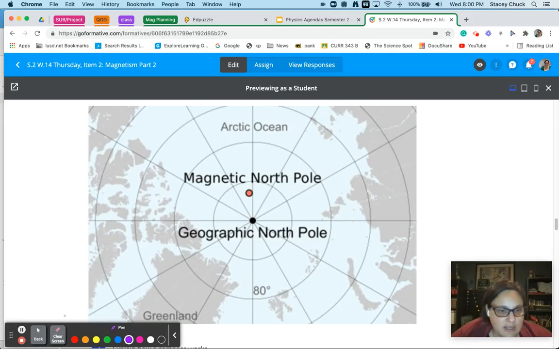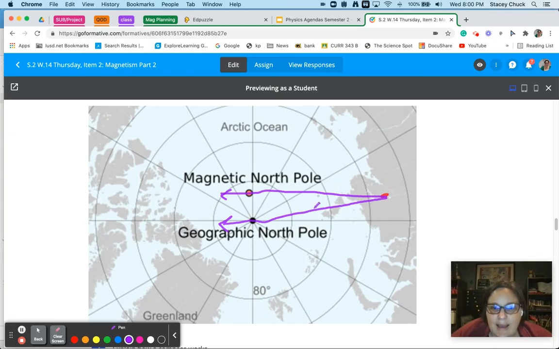But imagine if I am here, okay? Then if I use my compass it will point here, right? But I need to know here, because my map is based on the geographic North Pole, not the magnetic North Pole, because that moves around.